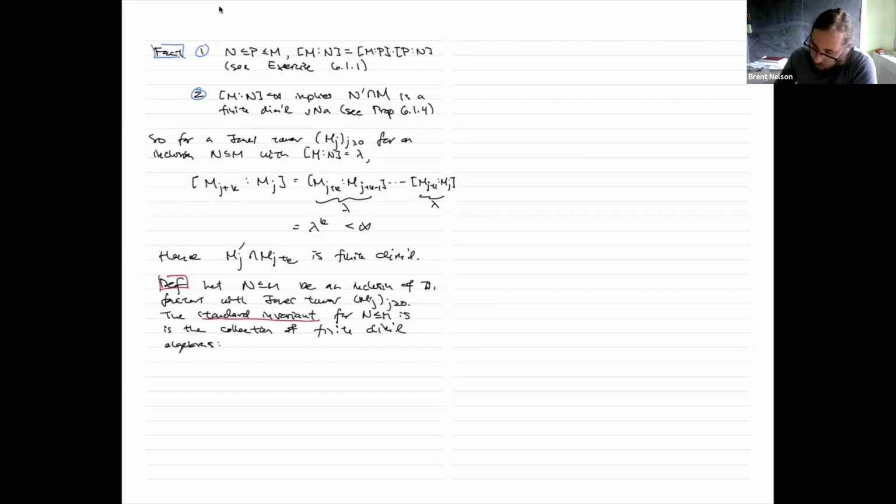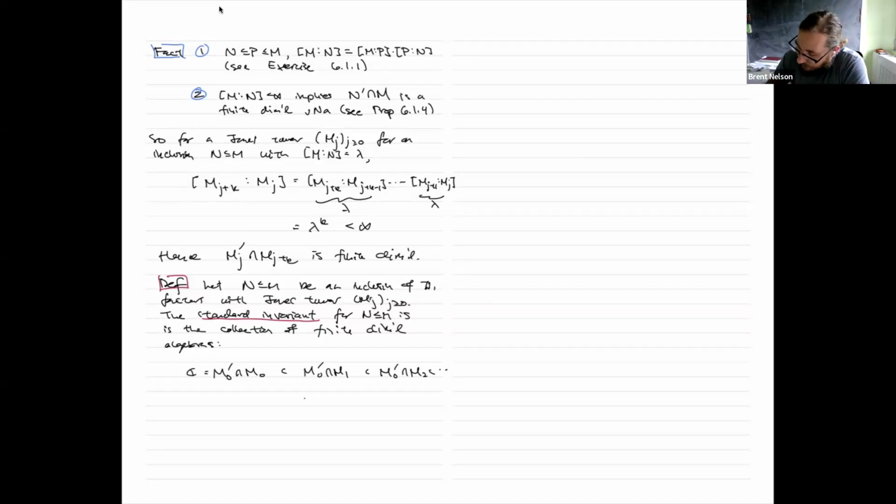So there's going to be two levels to this. The top level will be looking at the relative commutant of M0, which was our original algebra N, inside of all of the higher algebras. And of course, this first one is just equal to the complex numbers because N was a factor.